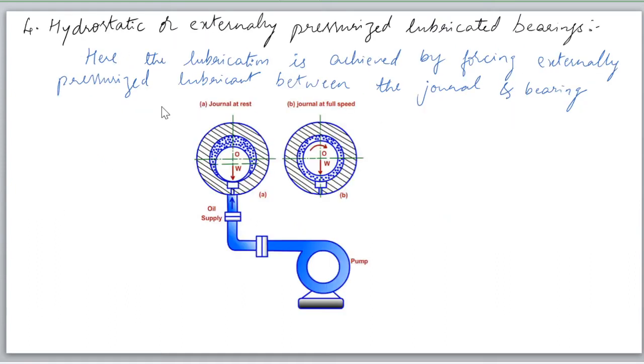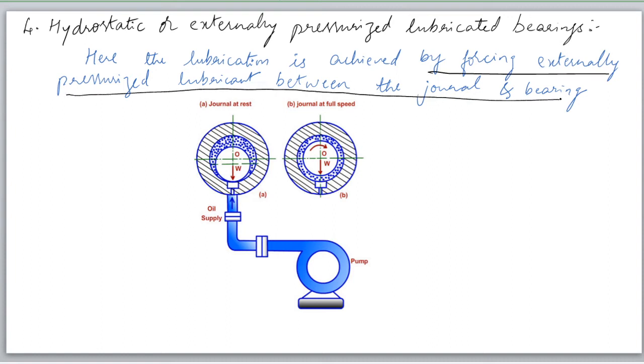And the next classification is hydrostatic or externally pressurized lubricated bearing. Here, the lubrication is achieved by forcing externally pressurized lubricant between the journal and the bearing. Here you can see this is the journal, and this is the bearing.